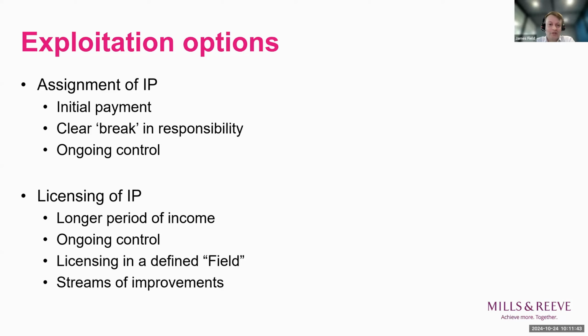And the purchase price will normally be passed in the other direction at the same time or very shortly thereafter. So it's quite clear that if one of your key drivers is that you need to get some kind of income arising from this IP quite quickly, assignment can be a good way of doing that.